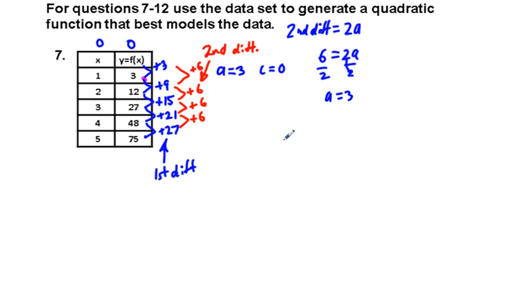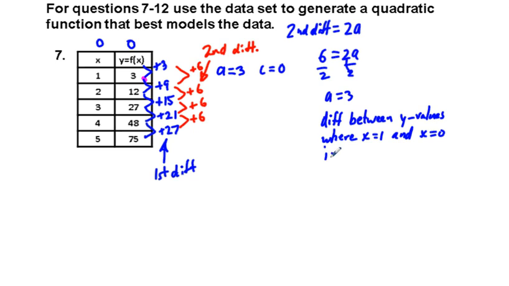Okay, next, to find b, the difference between y values where x equals 1 and x equals 0 is b plus a.